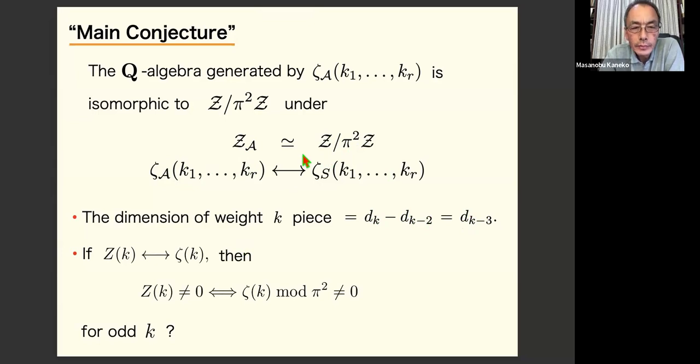And if we believe this conjecture, and if we believe that under it capital Z_k corresponds to Riemann zeta modulo pi squared, then the question of whether capital Z_k is non-zero is equivalent to the question of whether zeta of k, for k odd, is not a multiple of zeta 2 in this ring of MZVs.